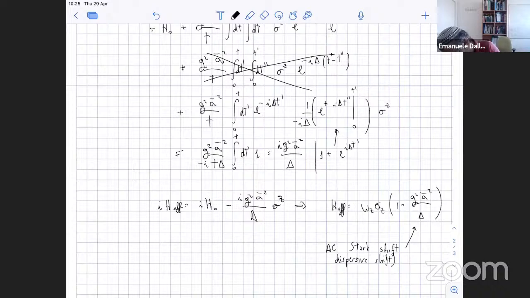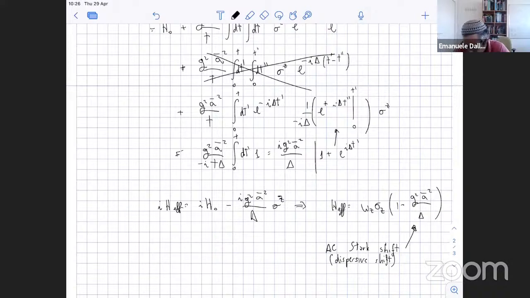By the way, this is also what is used in order to measure spins, right? If you focus on the spin, you think of the cavity. The cavity is also shifted. So these shifts can be used actually to measure the spin.